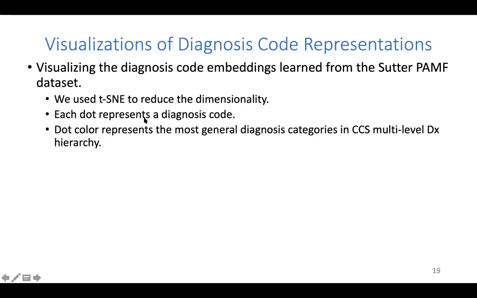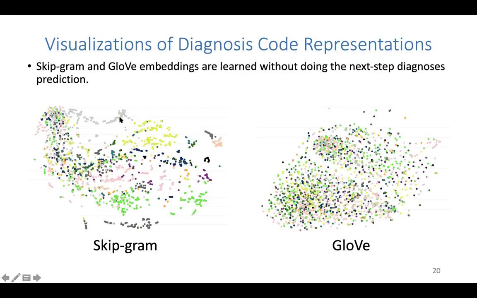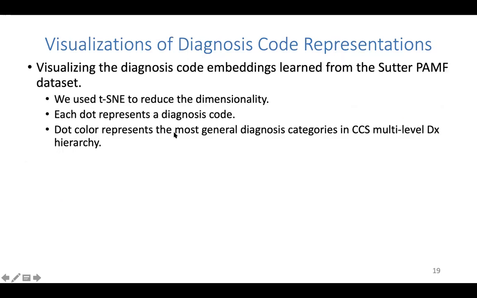Each dot represents a diagnosis code, obviously, and dot color represents the most general diagnosis categories in CCS multi-level diagnosis hierarchy. Which means the highest level of category. If you remember, there was like 1.1.1 and there was 1.1 and then 1. So the colors represent the single digit category.